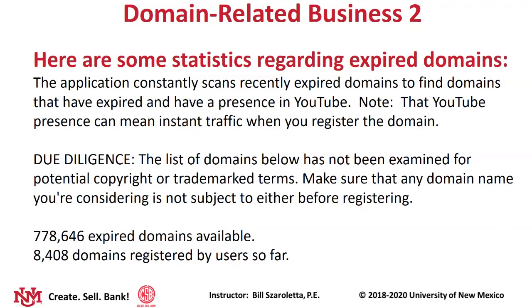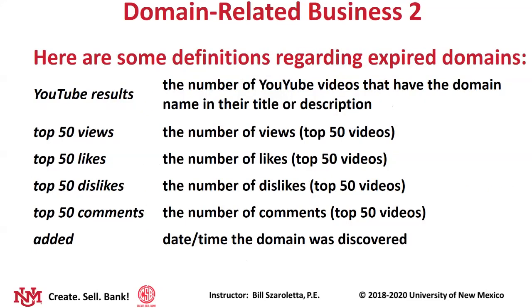And there's a lot of expired domains that are available, and you can see the number of YouTube videos that have the domain name in their title or description. And then the top 50 views, the top 50 likes, the top 50 dislikes, top 50 comments, and when it was added.